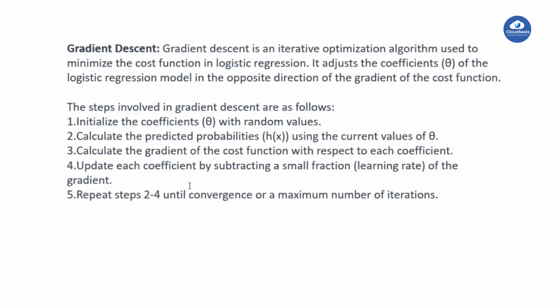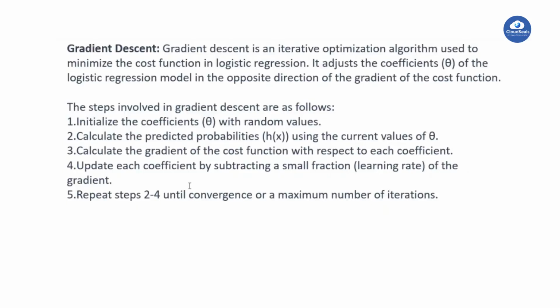For example, if the coefficient increases and the cost function also increases, it decreases the coefficient value to decrease the cost function. If the coefficient value is very low and the cost function is very high, it automatically increases the coefficient value, so the cost function will become less.